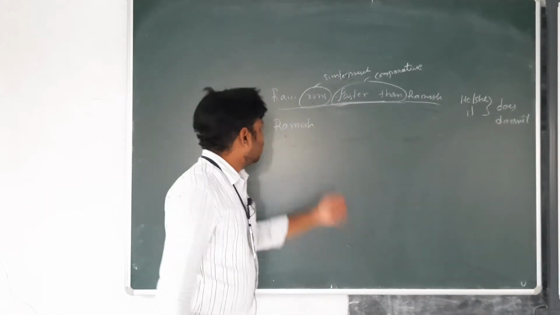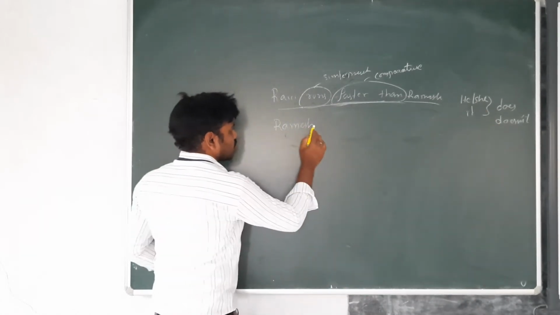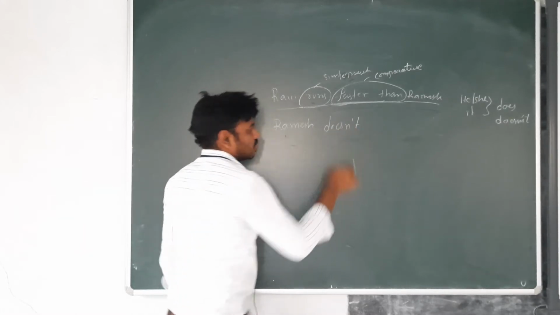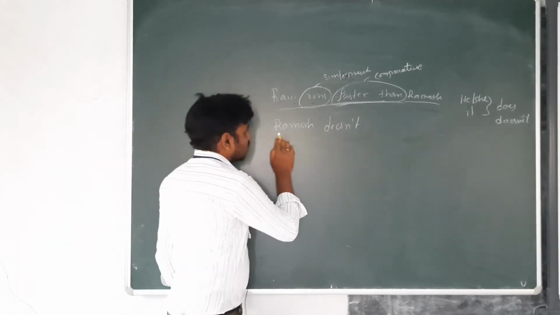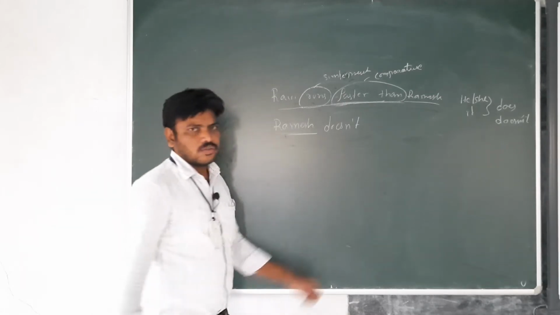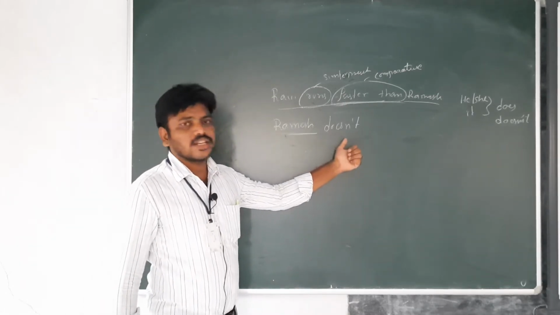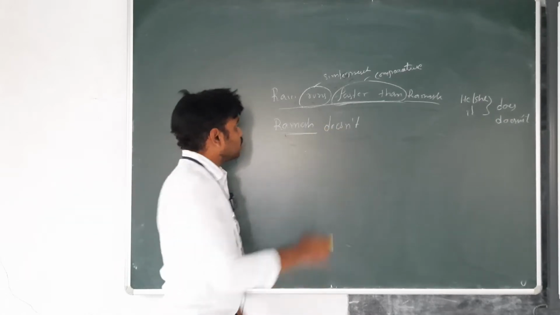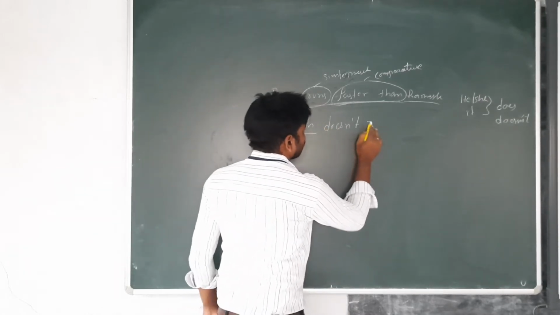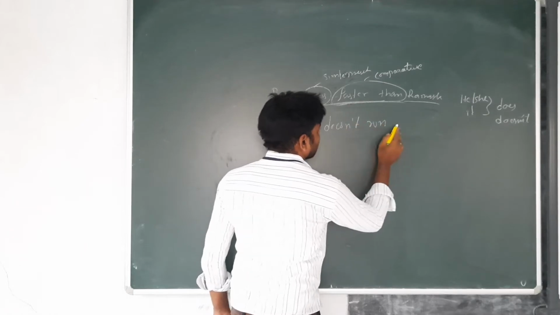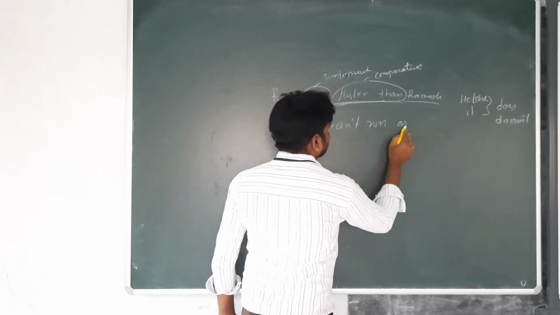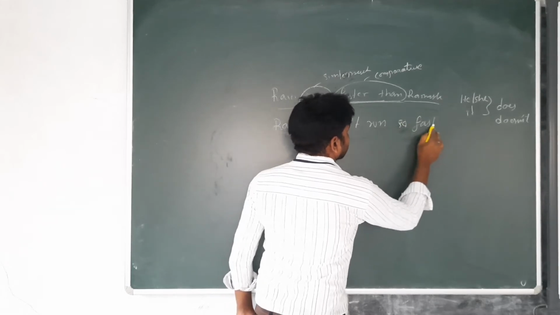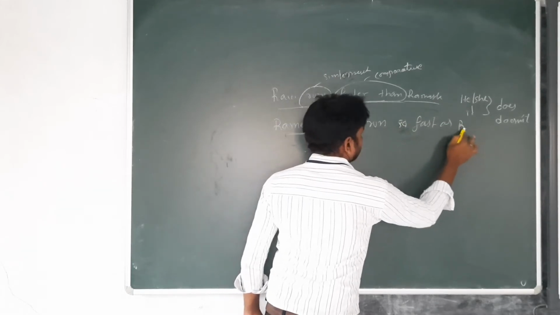Here Ramesh, so you can write Ramesh doesn't run. This is negative. When you write negative, third person singular, we should write Ramesh doesn't. We shouldn't write Ramesh don't. Ramesh doesn't run so fast as Ravi.